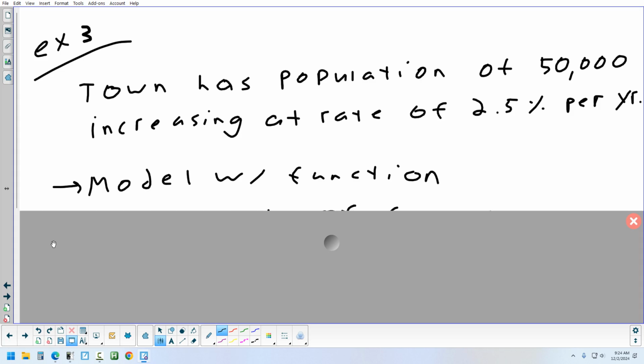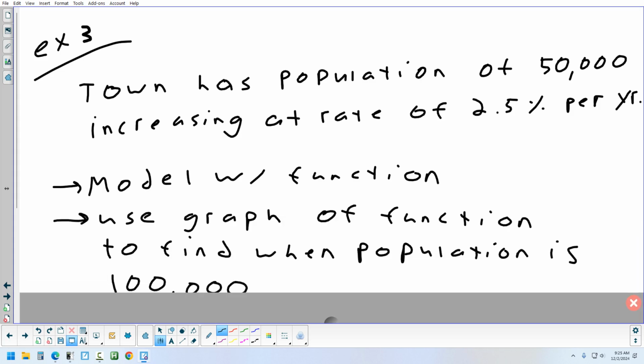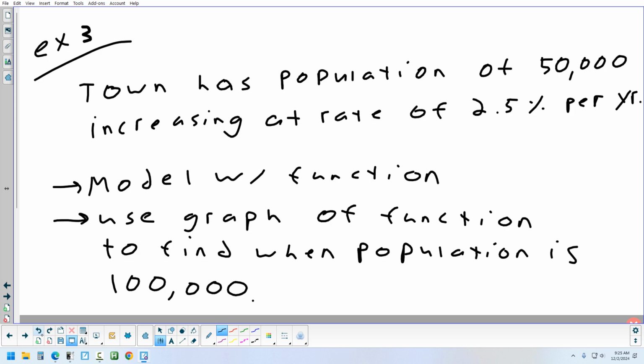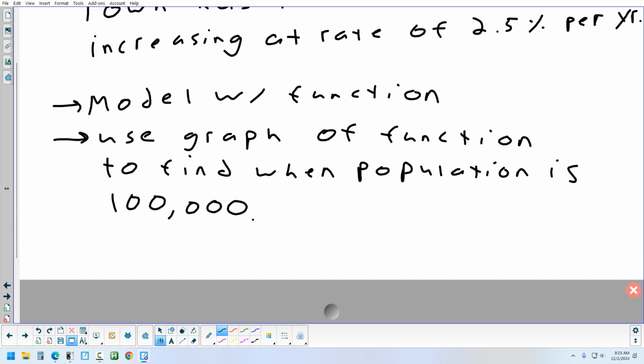So the first thing it says is to model this with a function, and then use a graph to find when the population hits 100,000. Another way I could ask that is use a graph to find when the population doubles. 100,000 is double 50,000. But we have to start with the equation.